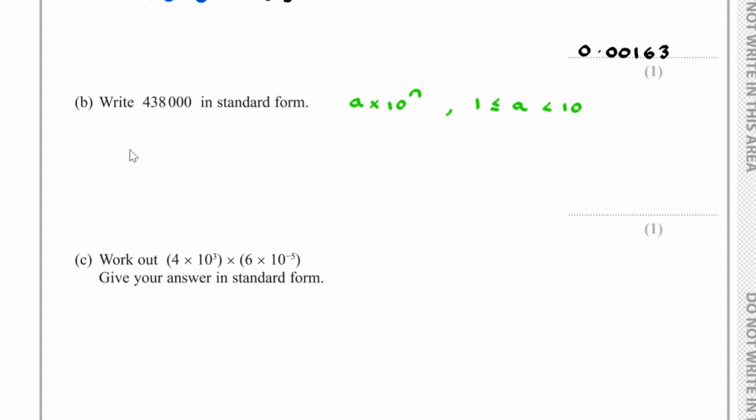So, if we have 438,000, the decimal point is here, and we need to move the decimal 1, 2, 3, 4, 5 to the left, and that leaves us with 4.38 times 10 to the 5.